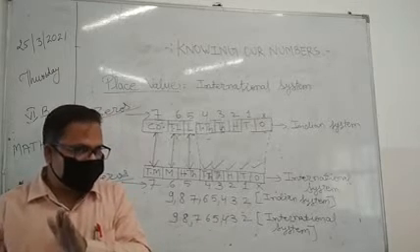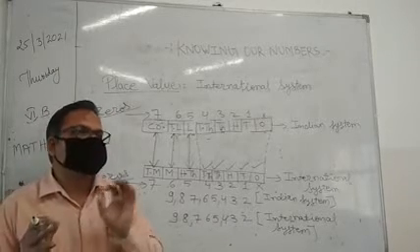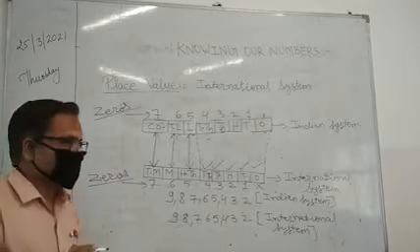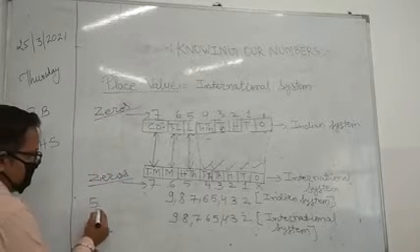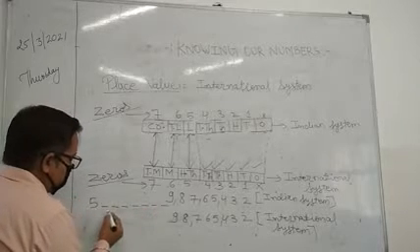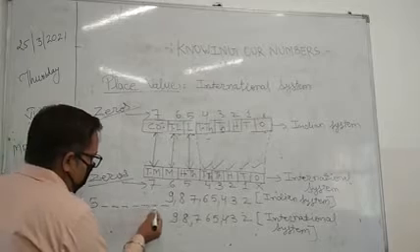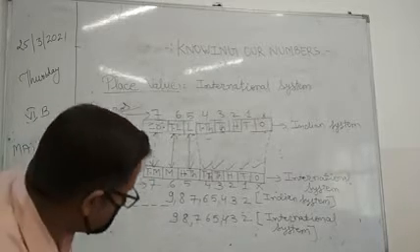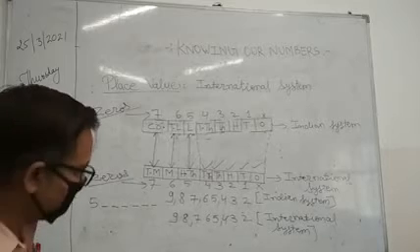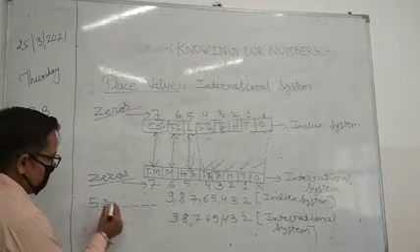Is that clear? When I say 1 million, it means suppose you are writing a 5, then there should be a 6-digit number after it: 1, 2, 3, 4, 5, 6. It is 7 digits now. So after the 5, if we are putting any kind of number, suppose I am filling like this.